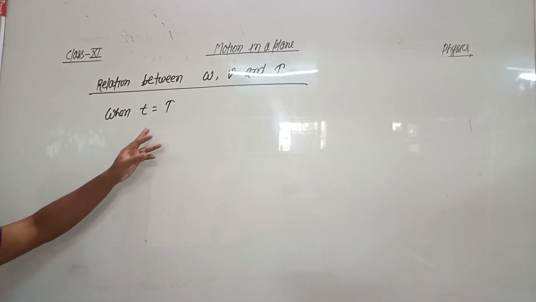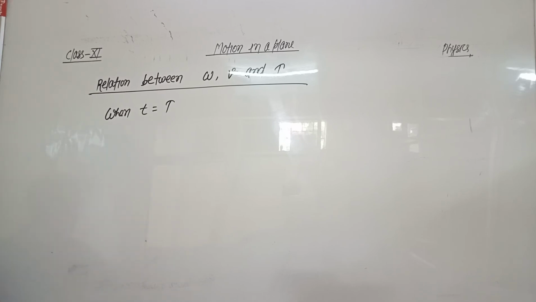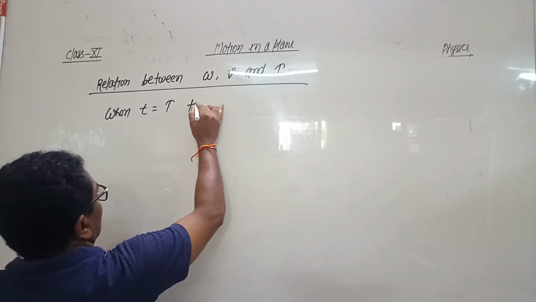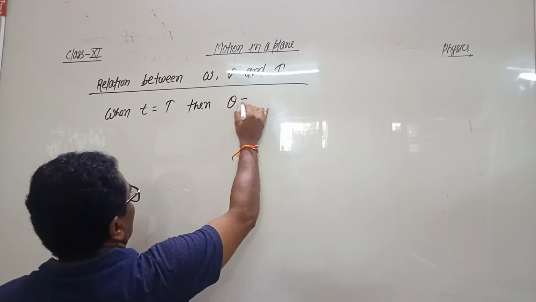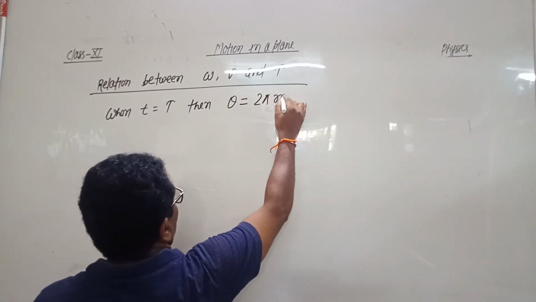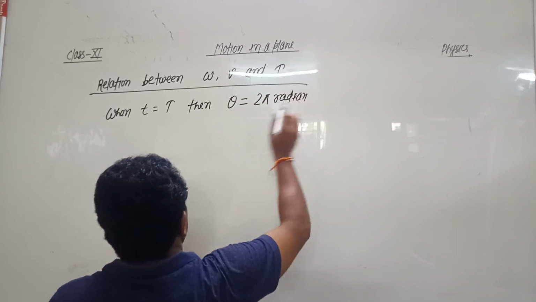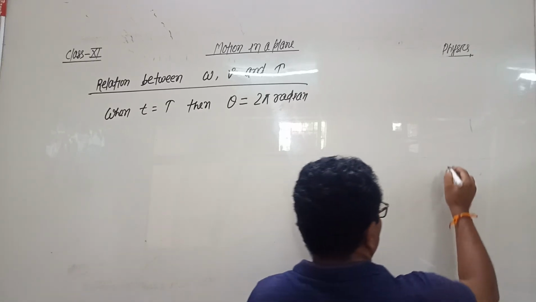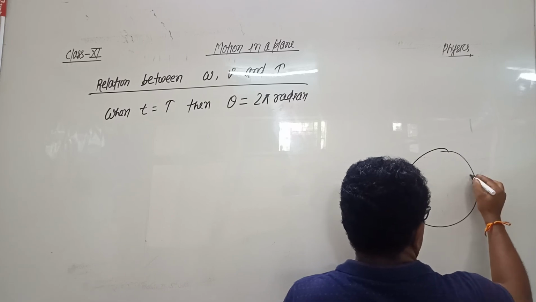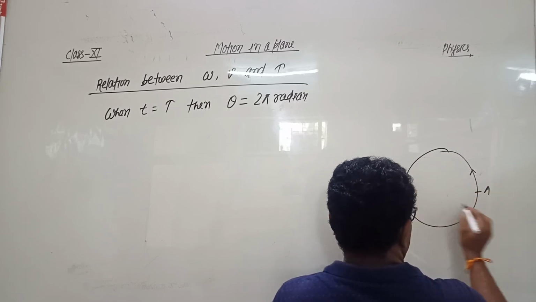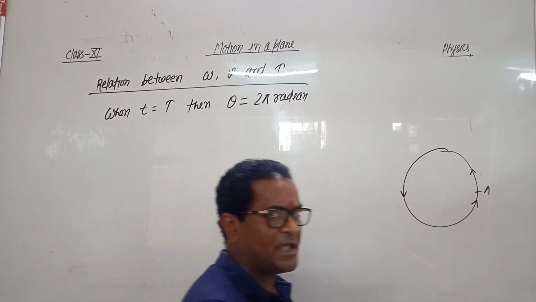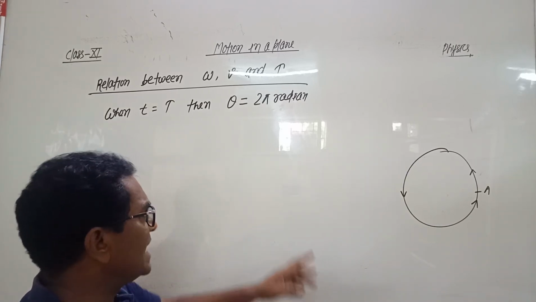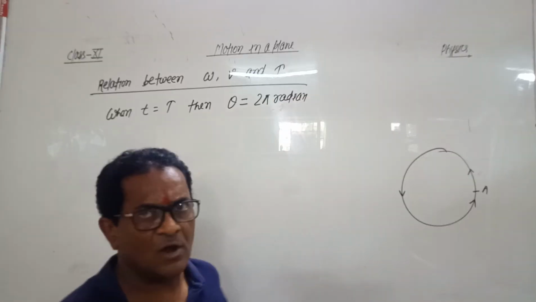Capital T is called time period and a small t is called time taken. When t equals capital T, the angle theta will be 2 pi radian. Capital T is the complete time, the total time to complete one revolution. If a body starts from point A and then reaches point A again, the total time taken is called capital T or time period.